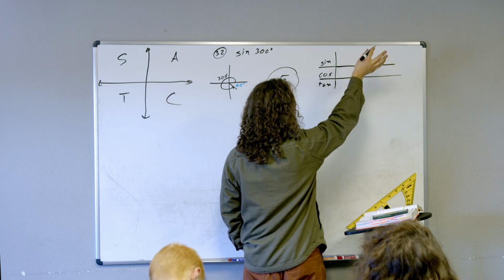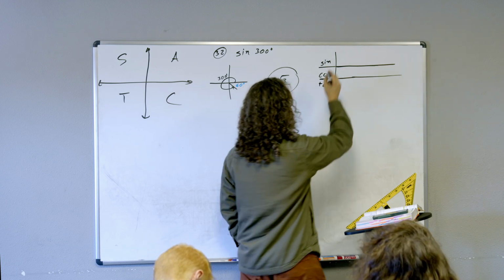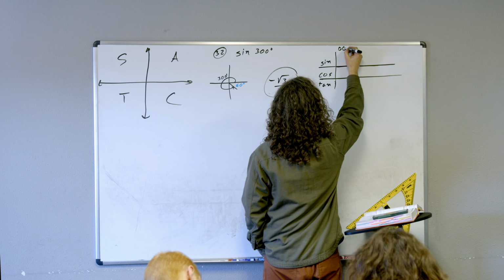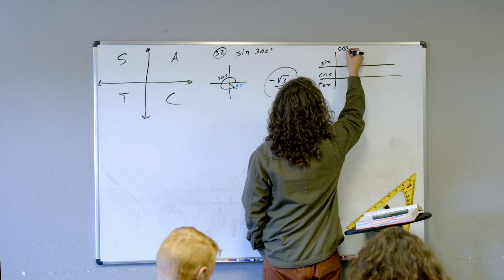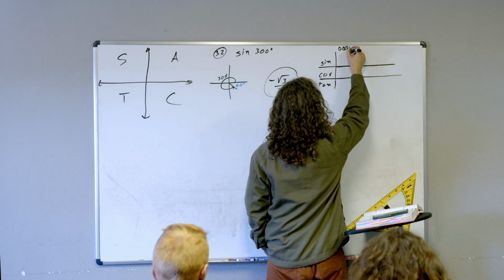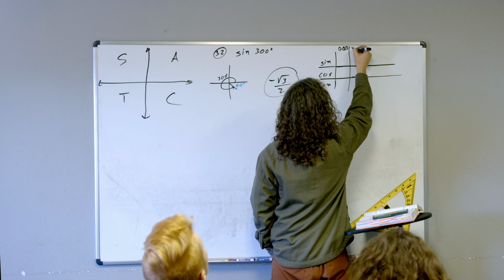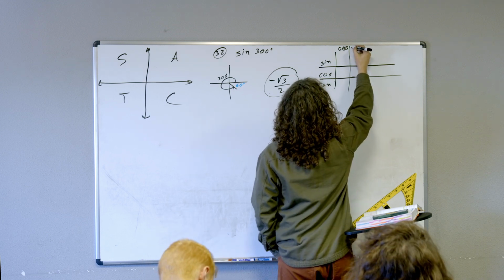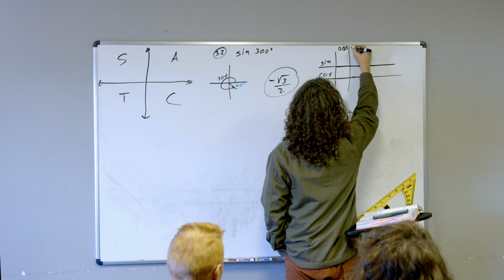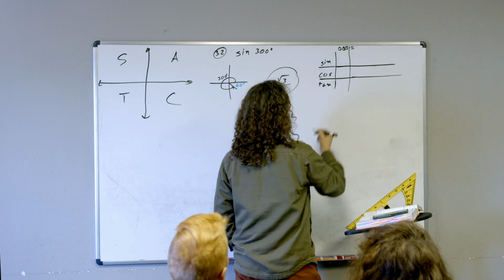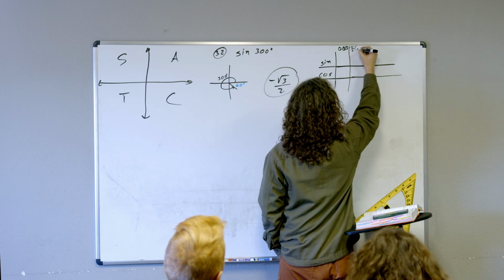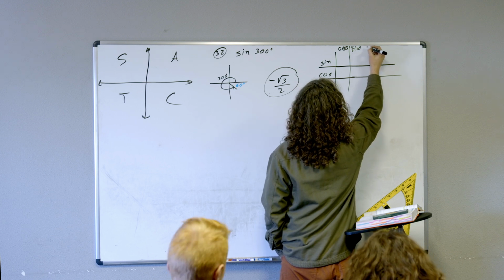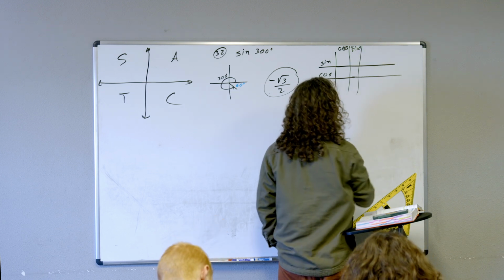And then what angles are on the top? 0, which is 0 degrees. 30. And then 45. 30 is how many radians? Pi over 6. Pi over 6, which is 30 degrees.